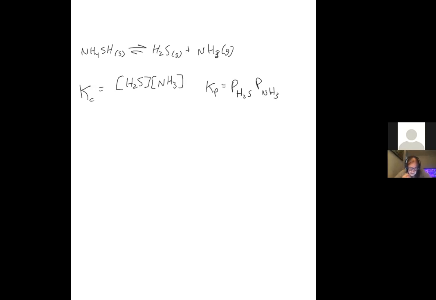Okay. Now, are they equal? Let's see. Pressure of a gas is equal to the concentration of the gas times RT, right? P equals nRT, so you divide both sides by V, and you get n over V, which is concentration. Concentration times RT is equal to P. So we have to do that for both of these gases.